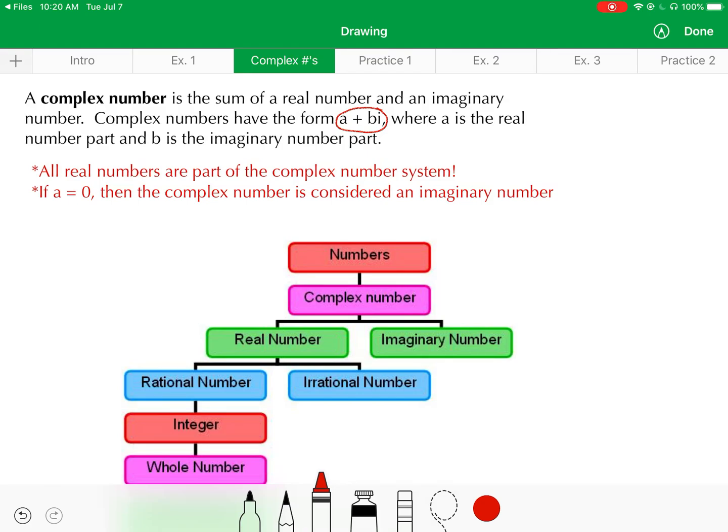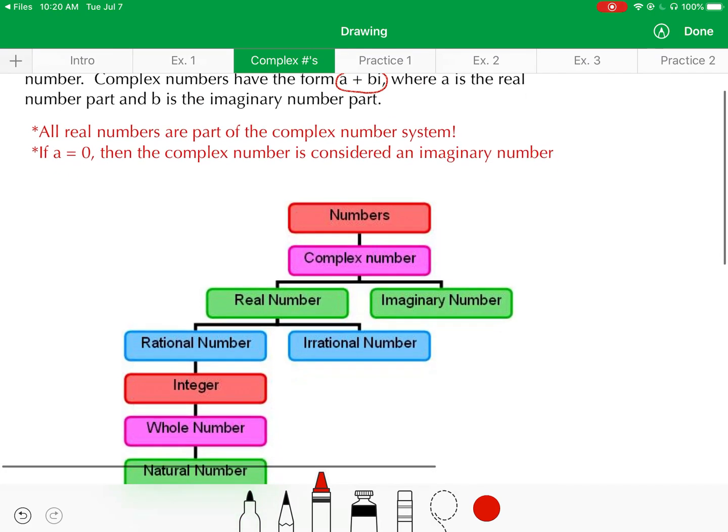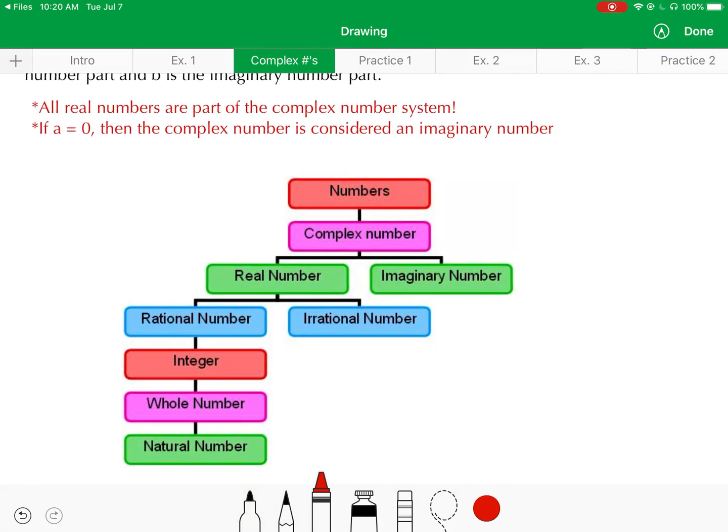All right, now a couple things to really understand here and drive home. Understand that all real numbers are technically part of the complex number system. If you look at the tree diagram that I have here, notice at the top you have all numbers, any number that you've ever worked with, and right below that is classified as the complex numbers.